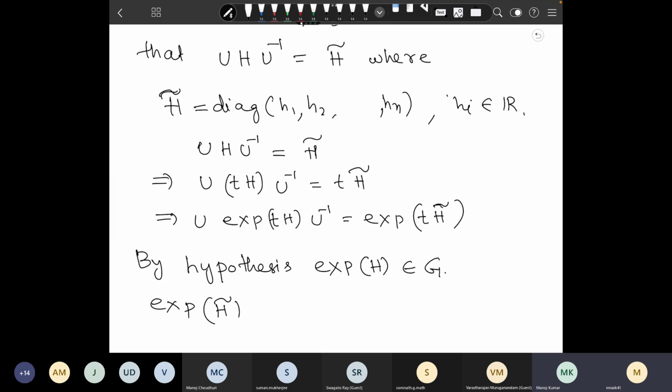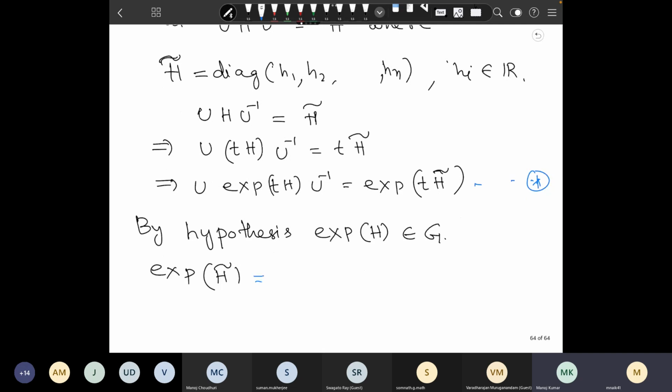If you look at this equation star, the exponential of H tilde is U exponential of H U inverse. The exponential of H belongs to G, so this belongs to U G U inverse.